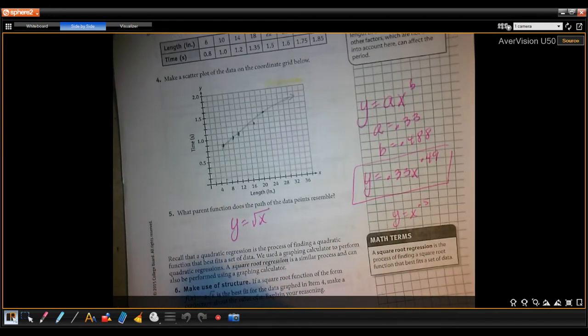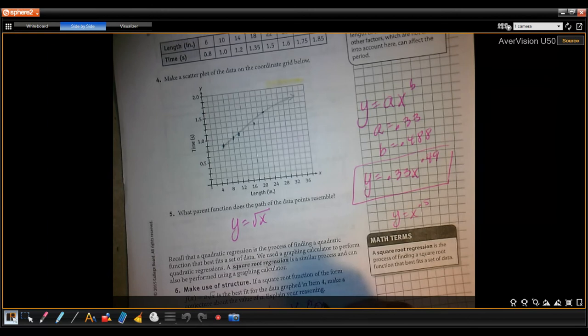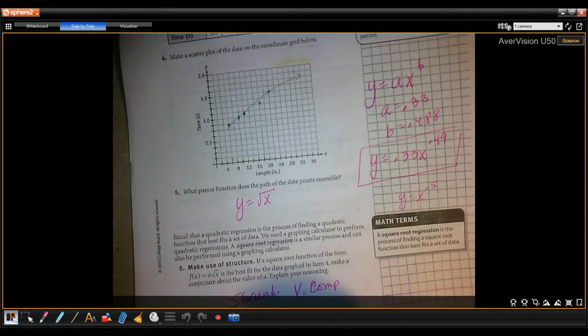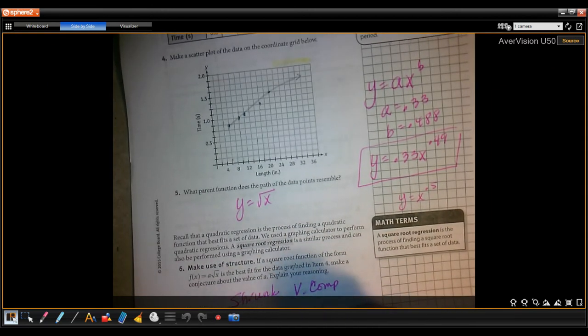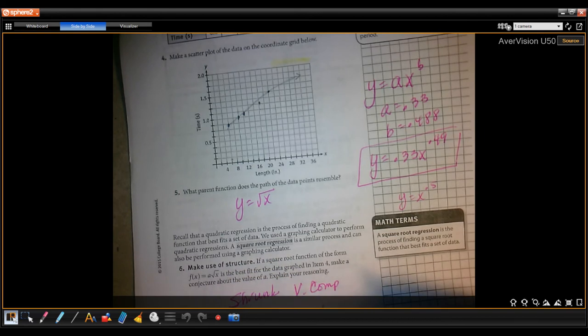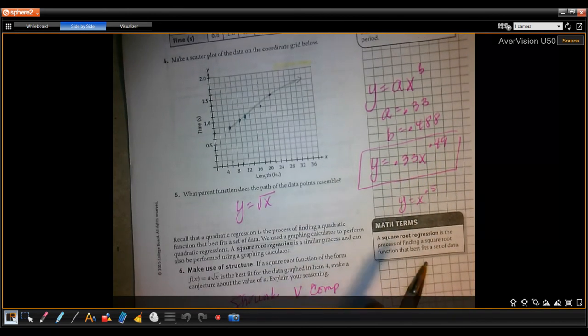So the graph shrunk, right? Sounds weird. So it's like a vertical compression, vertical shrink, because if A is between 1 and 0, it's a vertical compression, right? If that would have been greater than 1, then it'd be a vertical stretch. So the regression can tell me if it stretches or compresses, and then 0.5.